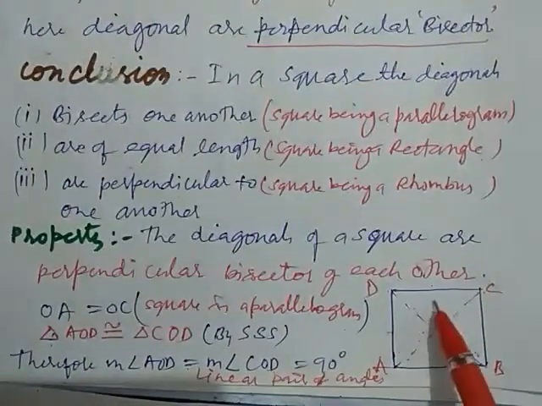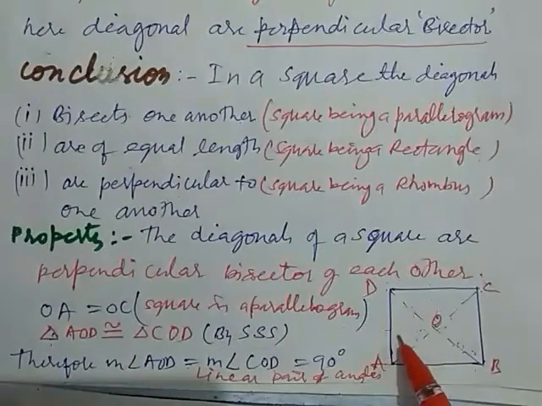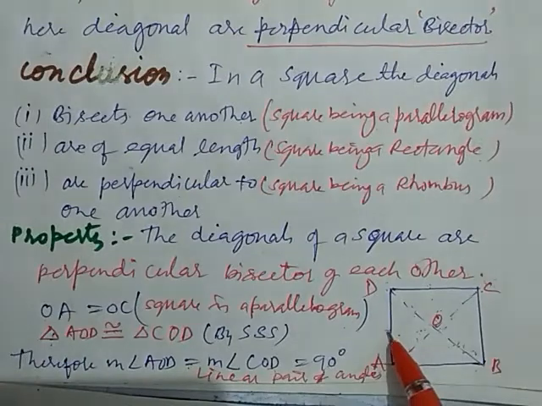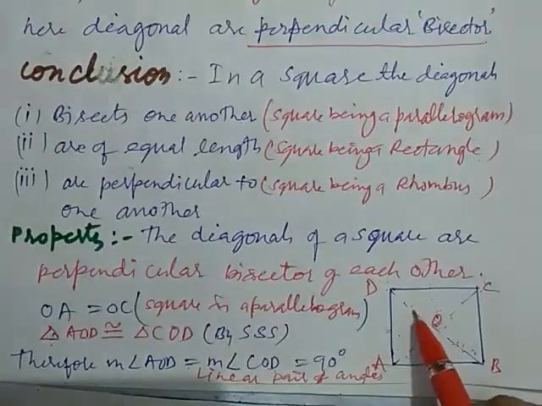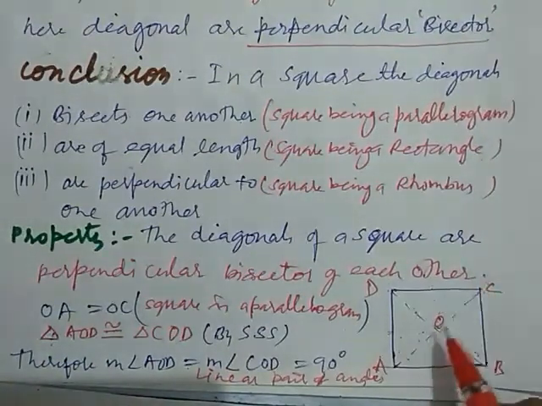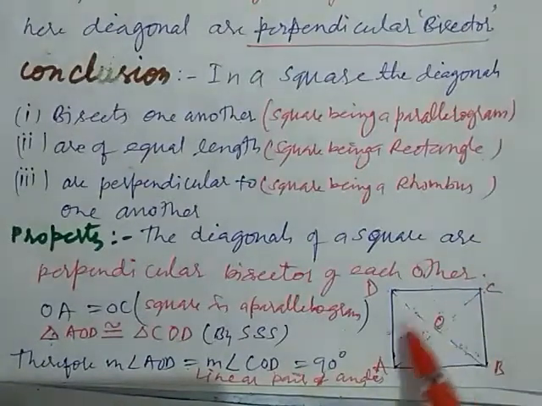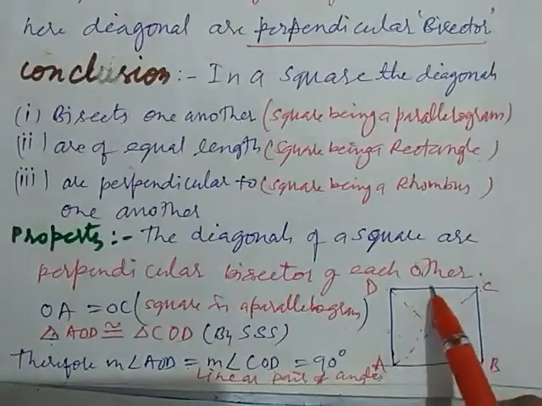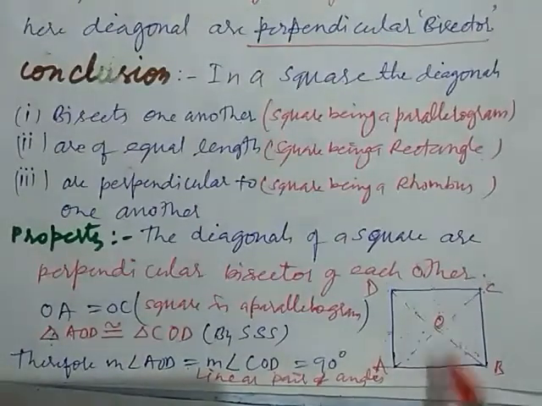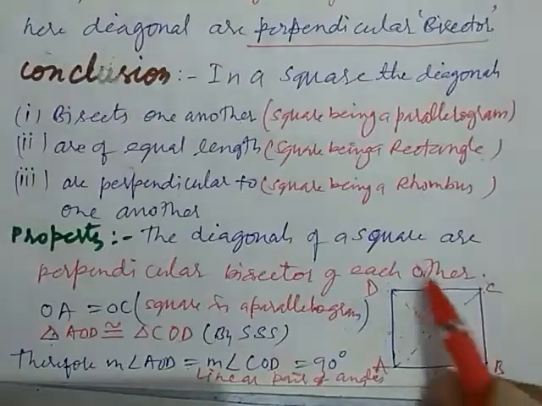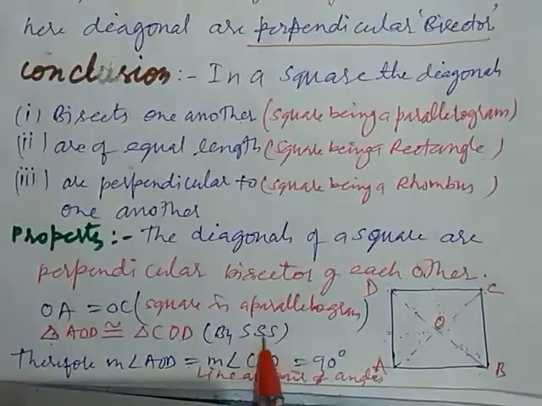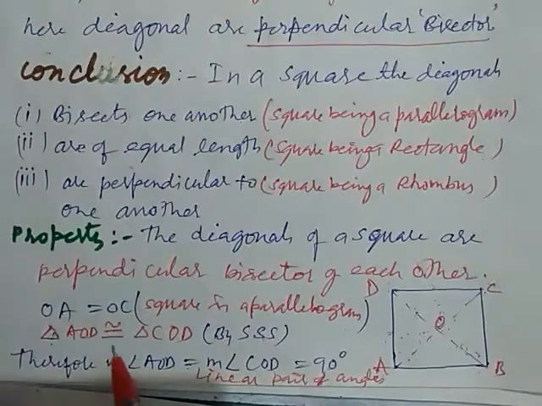Why? Because these two triangles are equal by SSS criteria. This side equals this side. This side is common. Okay. So what happened? These two triangles have three sides. This side equals this side, this side is common, and this side equals this side. So all three sides of these two triangles are equal. So by SSS criteria, triangle AOD is congruent to triangle COD.